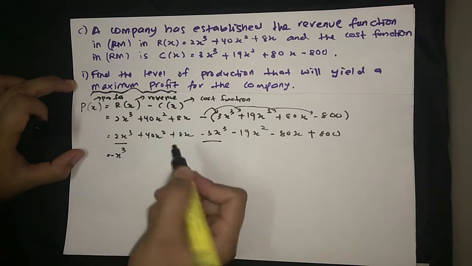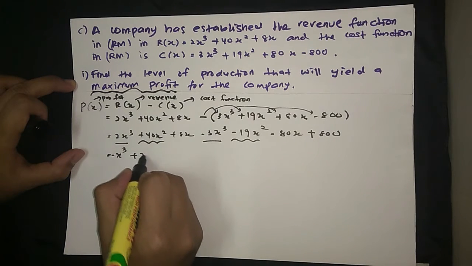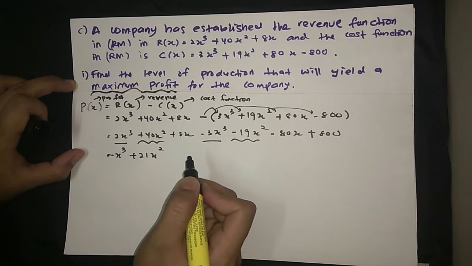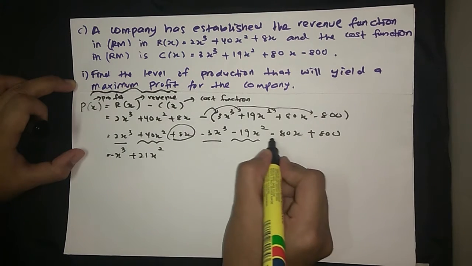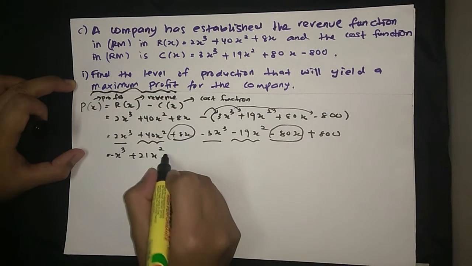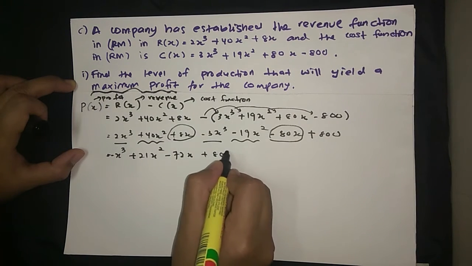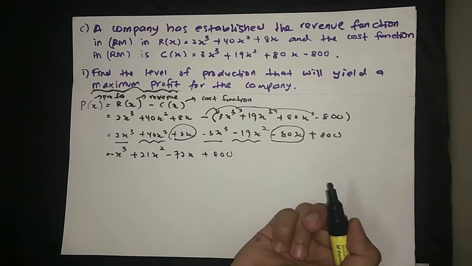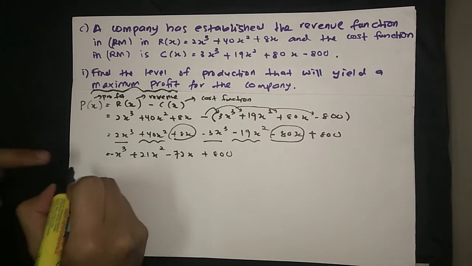Positive 40x squared minus 19x squared becomes positive 21x squared. Positive 8x minus 18x becomes negative 10x, and plus 800. Now we are done with the calculation for the P(x) or profit function.